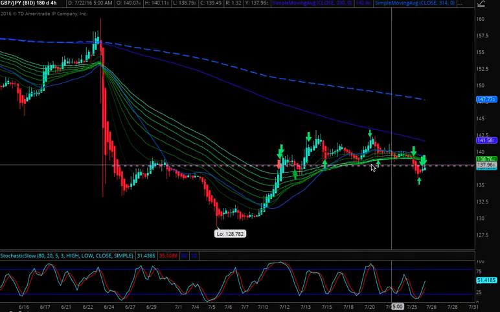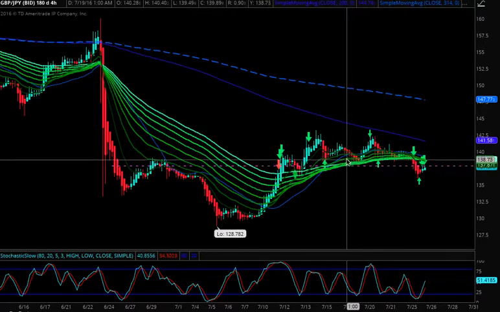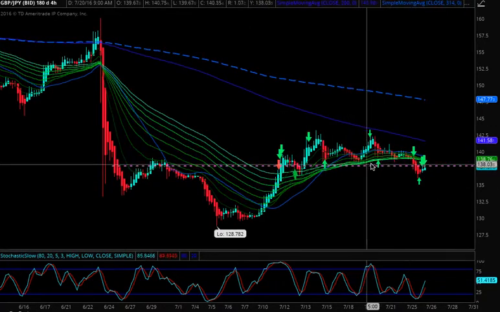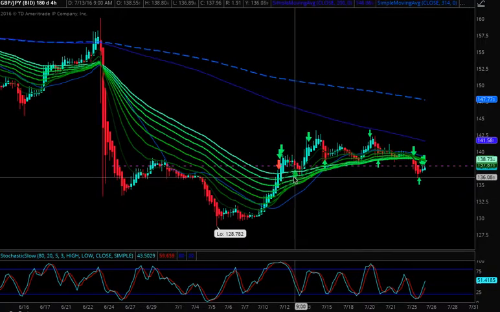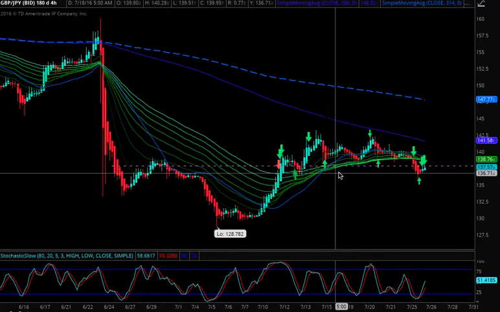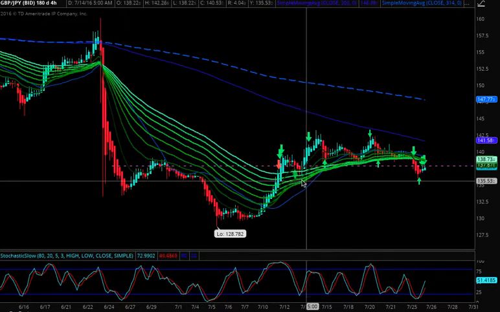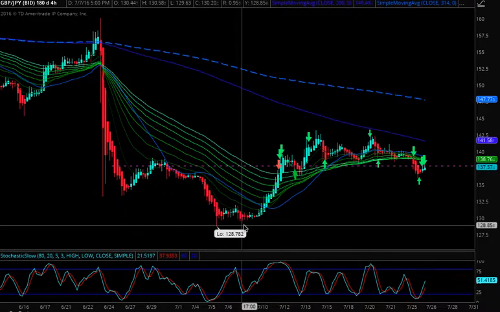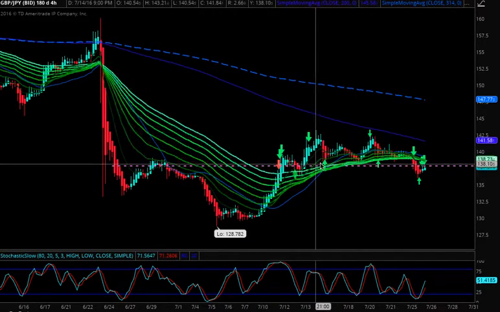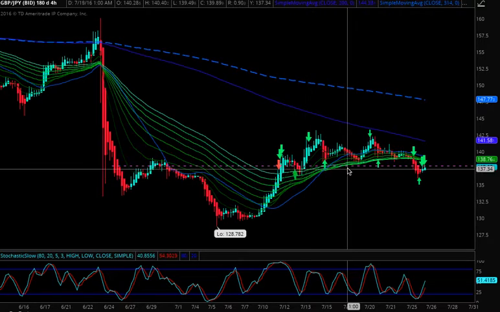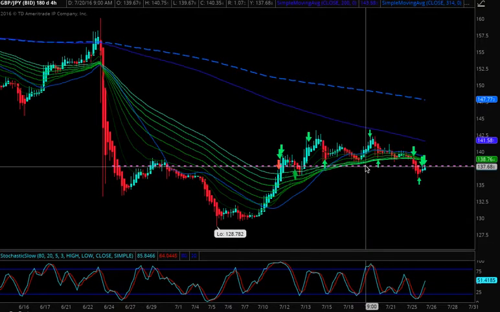The next trigger you want to see to confirm another downtrend lower is you've got to take out the higher lows, right? So this is a higher low relative to here. This is your next higher low relative to here. Another higher low, or you can argue it's an equidistant low.